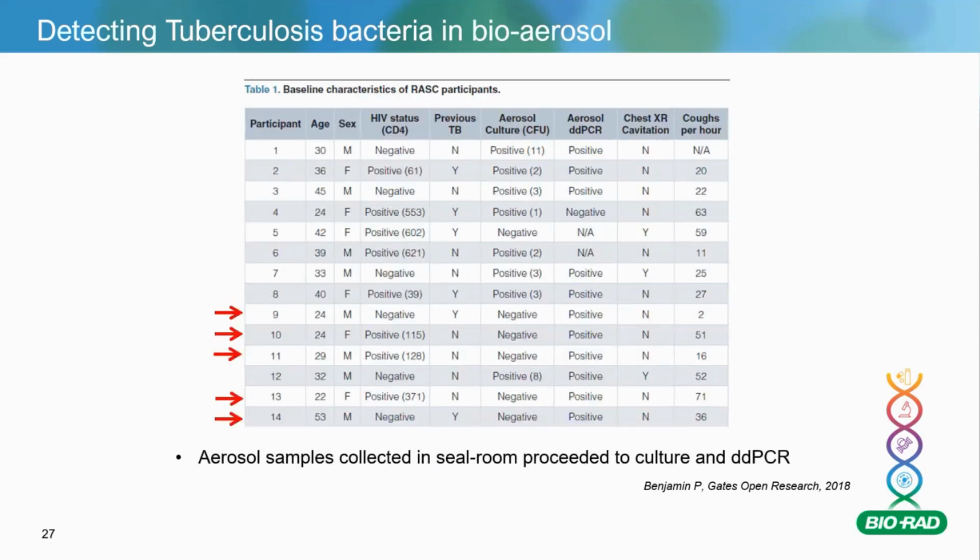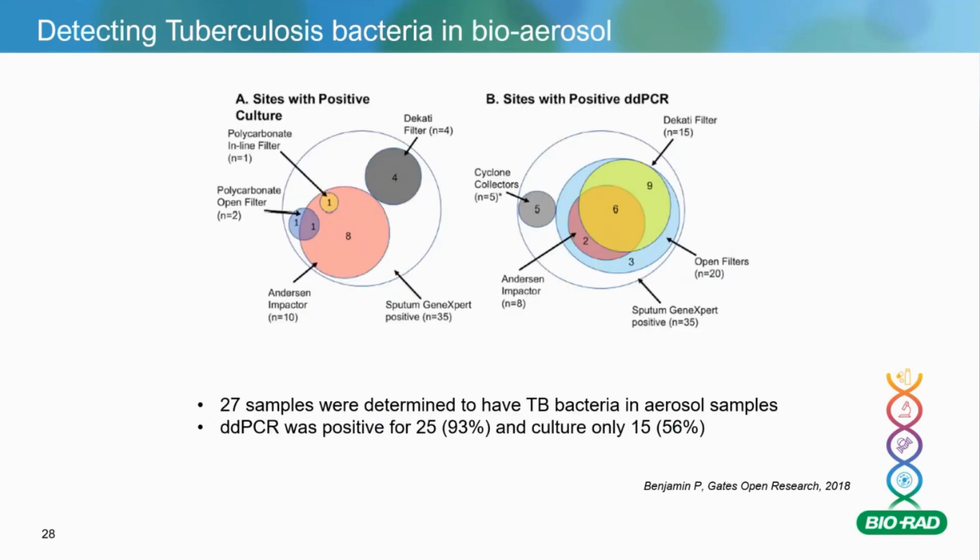Then they placed the patients in a sealed room and monitored parameters like aerosol particle size, CO2 concentration, cough sound monitoring, and TB bacteria sampling devices. And then they showed that they had 35 patients who were TB positive, which they used GeneXpert to detect. And then they sampled the air for these. So they just looked at the various filters that they put in the room.